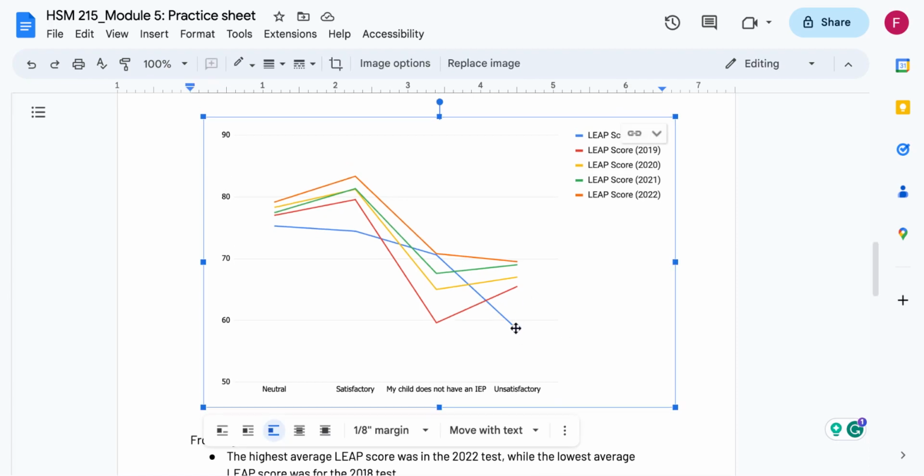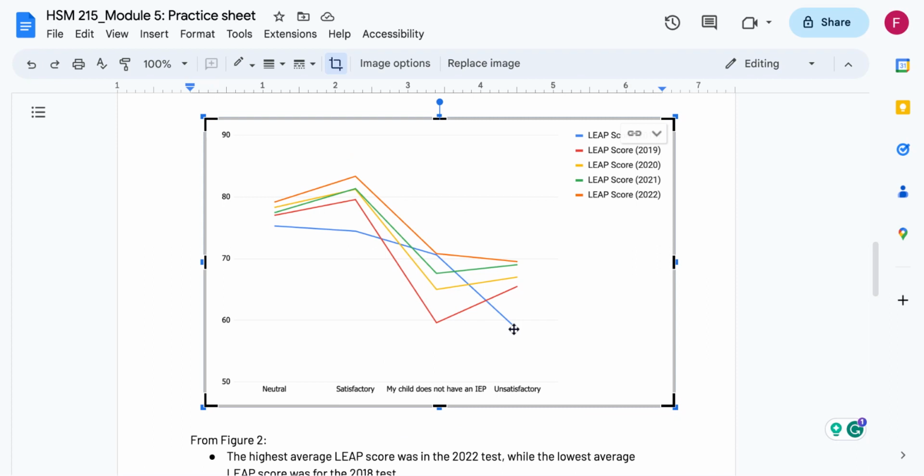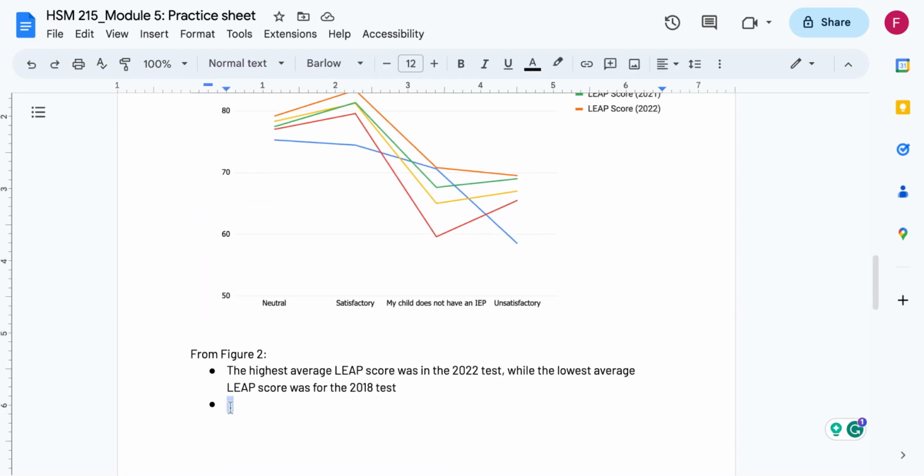Let's see if we can find the precise number. I can't seem to find it from here, so I'm going to make an estimation.